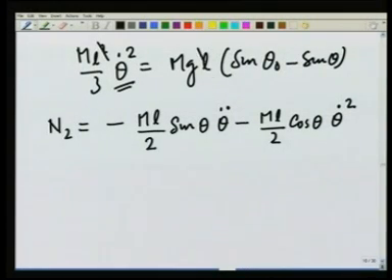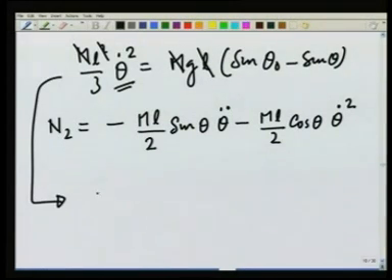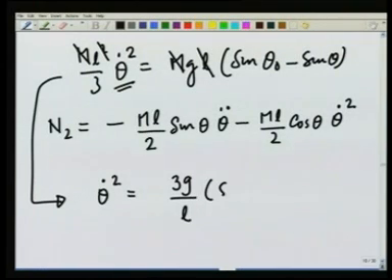Let us cancel m, and this gives me theta dot square is equal to 3g over L into sine theta 0 minus sine theta.